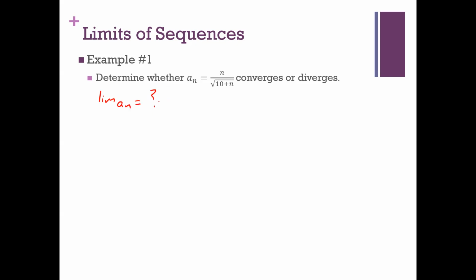Does this sequence have a limit? But remember that just like in Calc 1, if you want to look at the limit of a function, you have to be doing something specific with your independent variable. So what am I doing with my independent variable to look for this limit? Right, not as n approaches any real number. It's got to be as n approaches infinity. So this is what I'm really asking: does the limit of this function exist as n gets large?